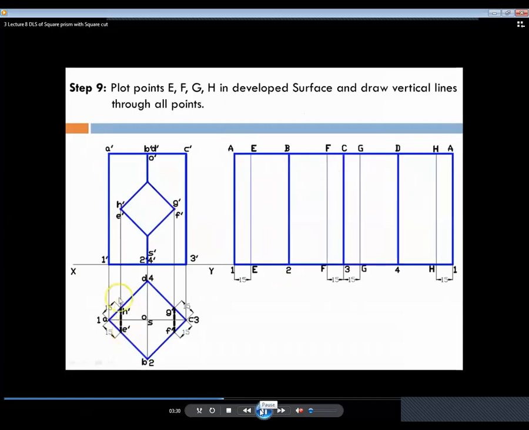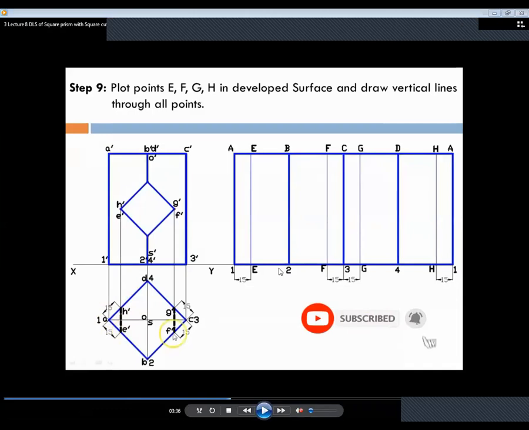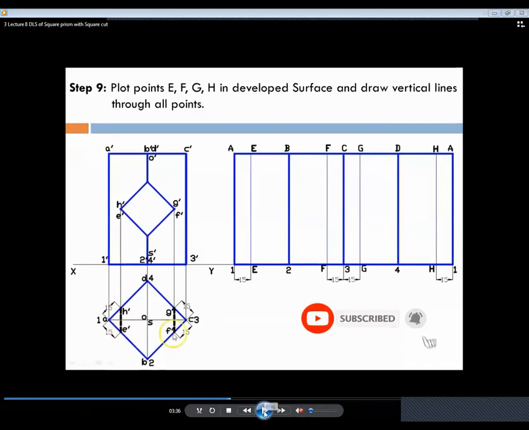Now what they did, they have taken the distance from A to E and marked it on A to E. Similarly they have taken the distance 3 to F and 3 to G, and the distance H to A, or we can say H to 1, and draw these lines with faint lines.